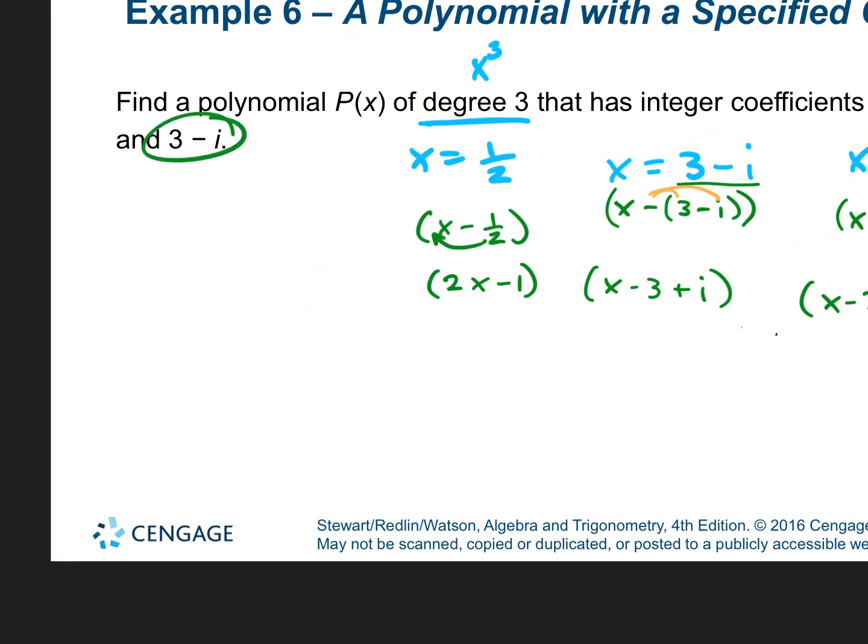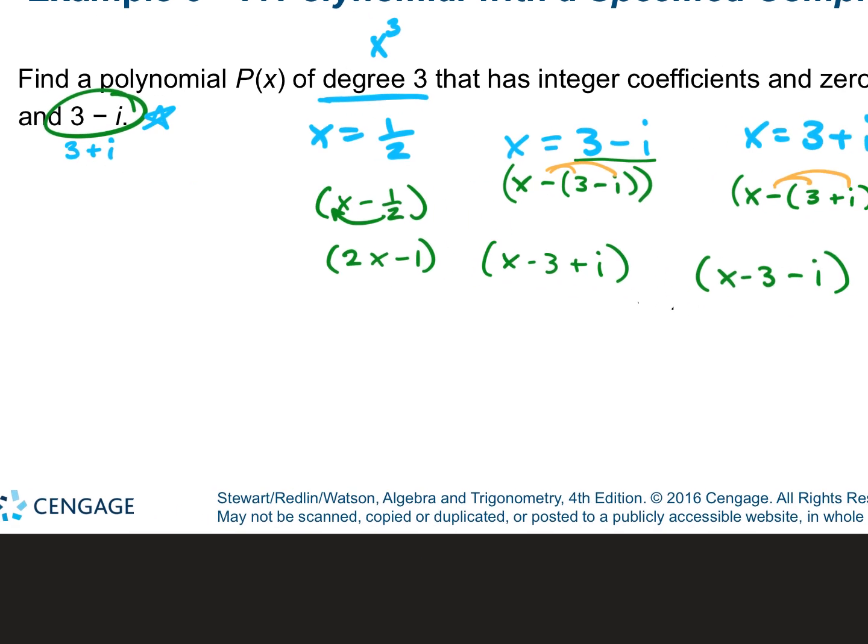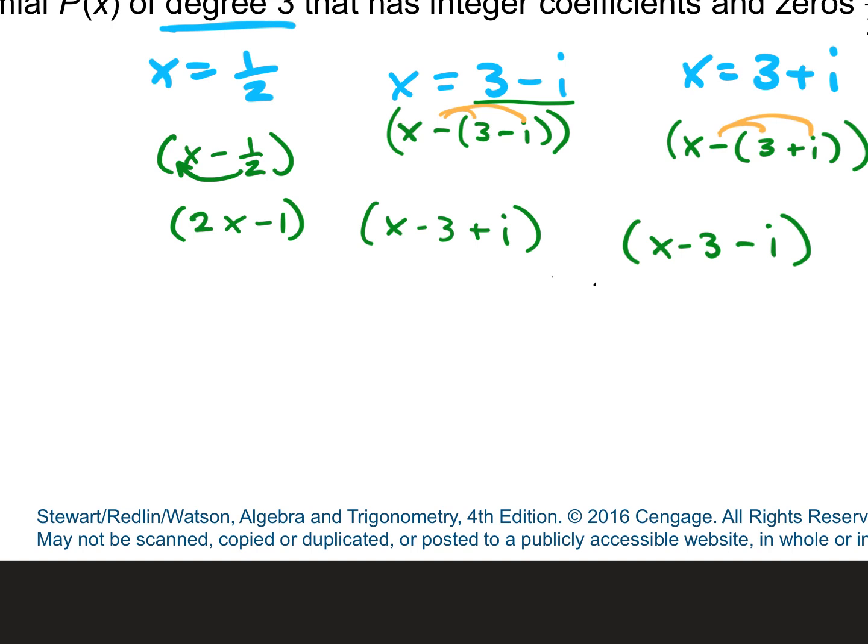We know that when we have an imaginary number, they happen in conjugate pairs. So if 3 minus i is one of my zeros, then 3 plus i has to be another one. What would I do next? FOIL. So I FOIL this out. Which two do you think I'd want to start with? The conjugate ones.